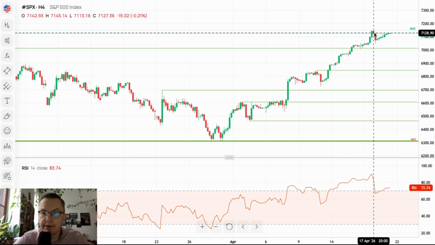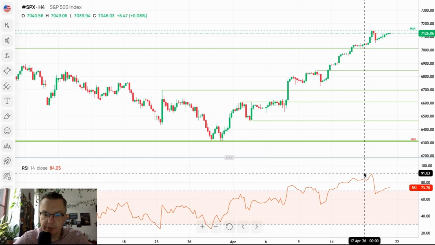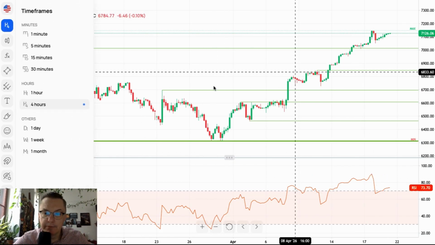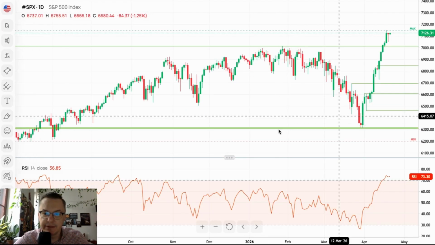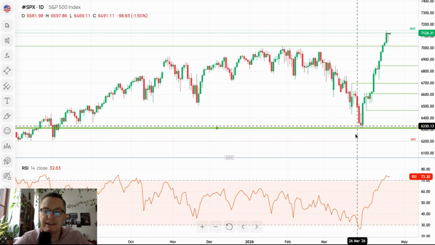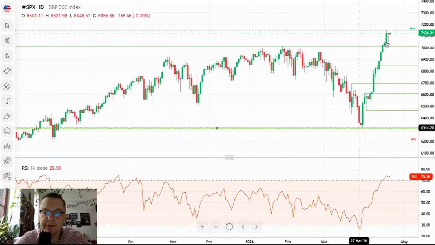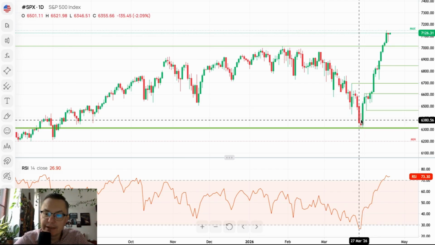SP500 new all-time high, 7,147, into extremely overbought conditions. The best way to see how impulsive this movement to the upside is from the lows of 6,300 is this chart. So you can clearly see almost all green candles since the lows of the last day of March 2026, all April on a daily time frame chart.